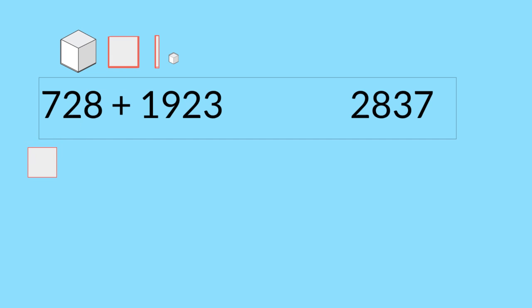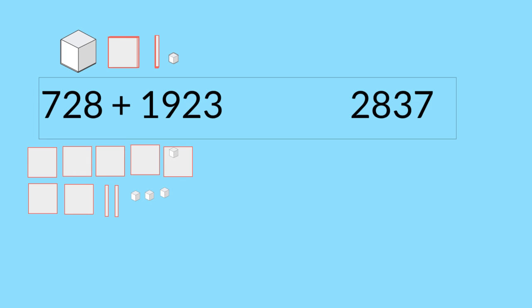So 7 hundreds, 1, 2, 3, 4, 5, 6, 7, 20, so 2 tens, 2 rods, and then 8 ones. 1, 2, 3, 4, 5, 6, 7, 8.